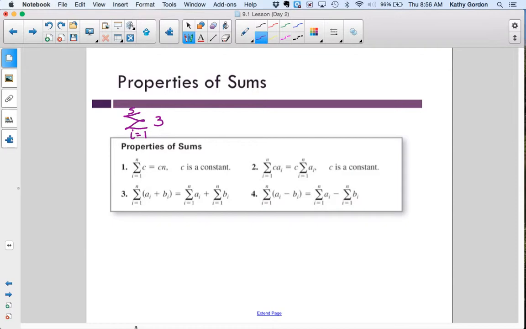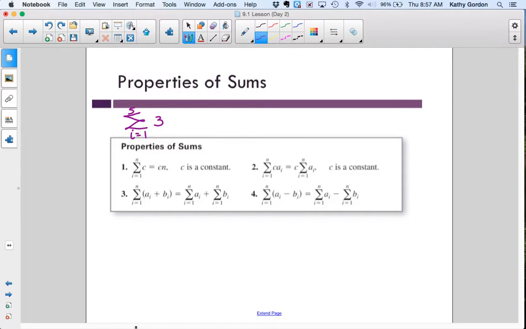Okay, so what does that mean? It means that every term in your sequence was a 3. So if you want the first 5 terms, it's really just taking your constant times whatever your number up here is. That's going to be your answer. Okay, I'm just going to take 3 times 5, and 15 will be my series answer.